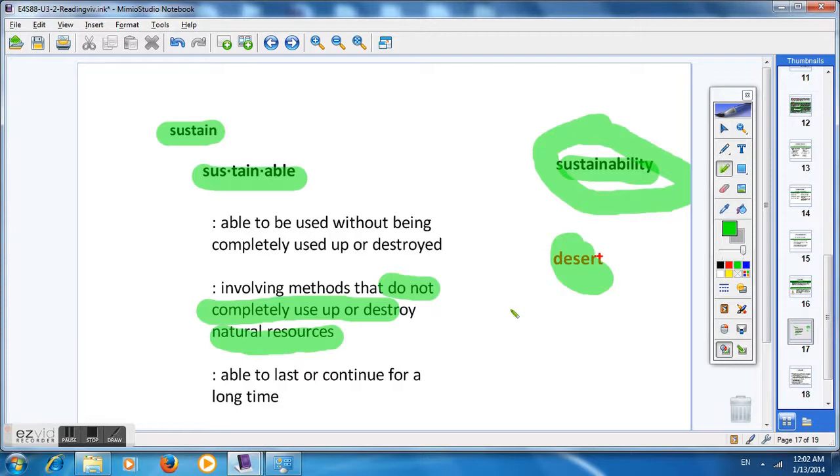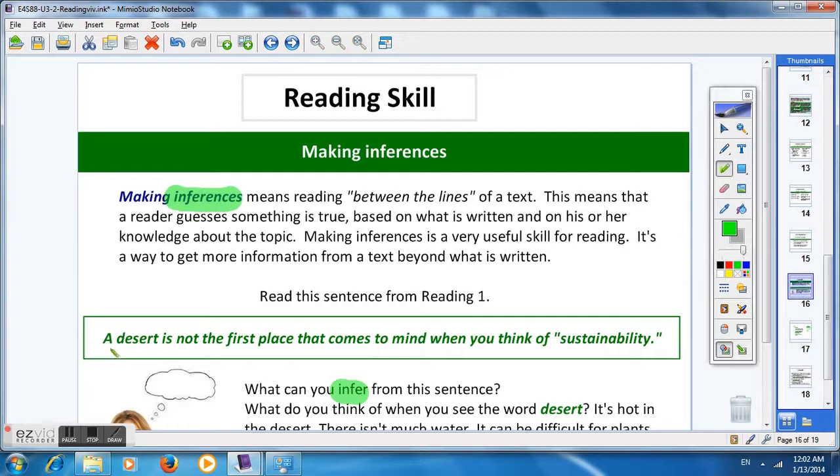This is, of course, the last thing that you're going to think about when you say a desert. We cannot really think that it is associated with natural resources. Maybe when we think about rainforest or agricultural lands, then that will be okay. So let's go back to the statement. That is why it says a desert is not the first place that comes to mind that you think of sustainability.